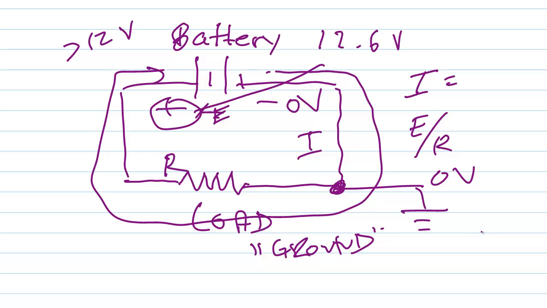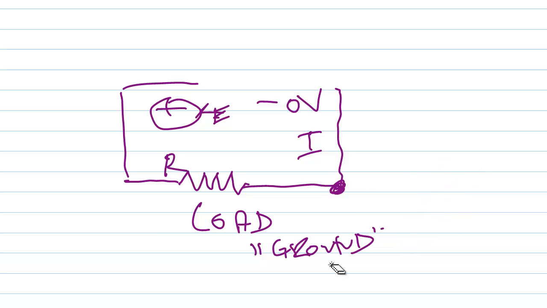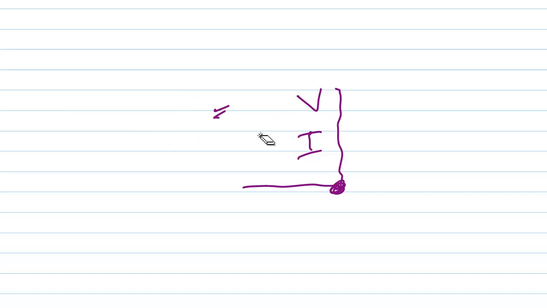Now, that said, in large electrical systems, such as the type that you might have in the electric utility, say the power plant that provides your home AC electricity, your home is going to have a ground somewhere.